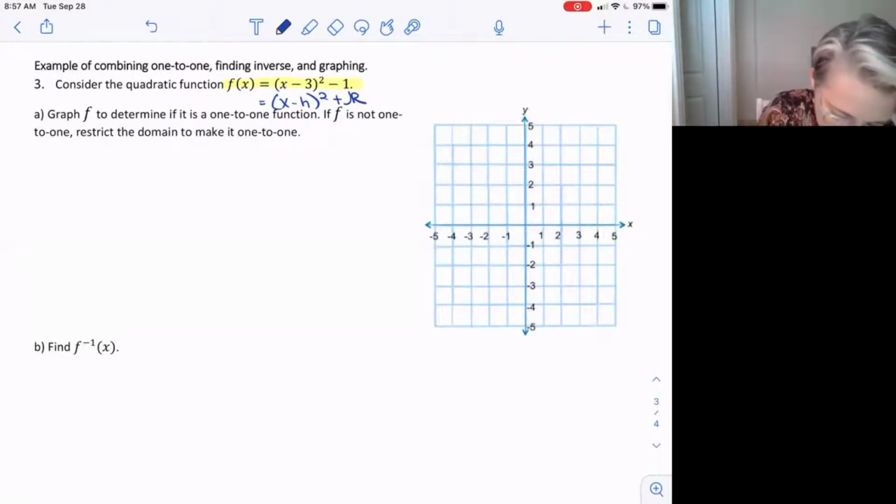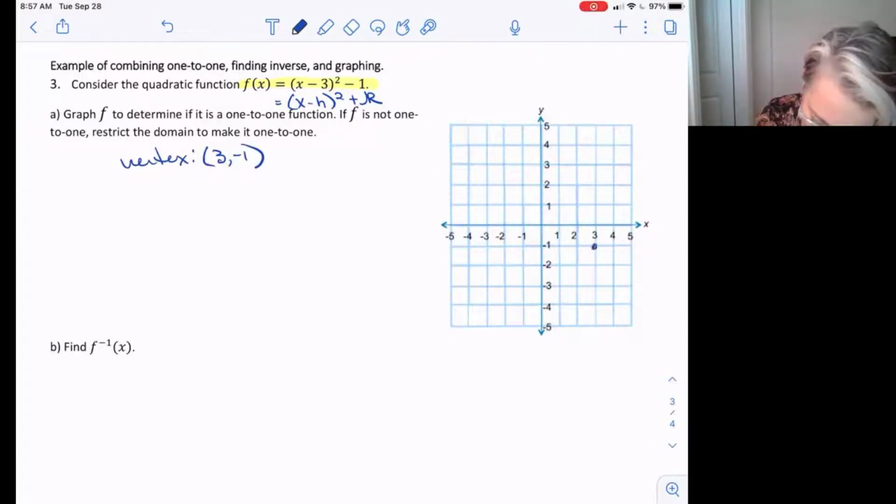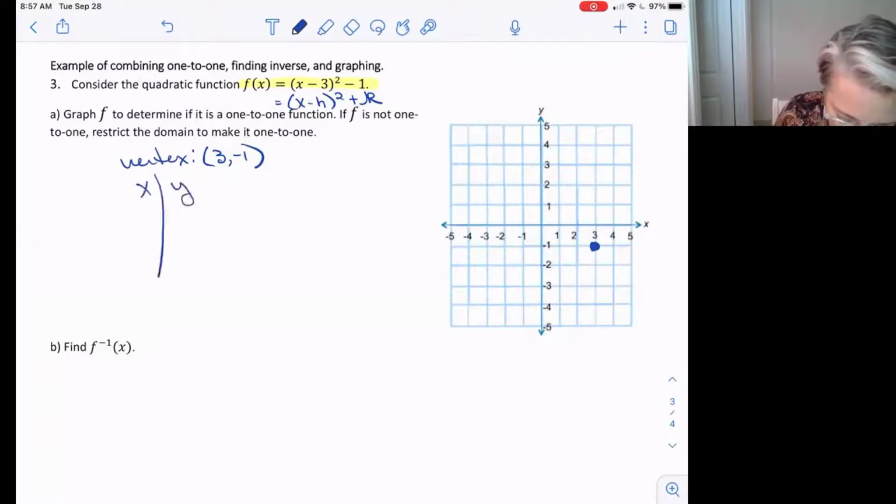So that means that we have a vertex of (3, -1), so we can graph that over here, (3, -1). Since there's no stretch or compress, it has the same format as a standard parabola.